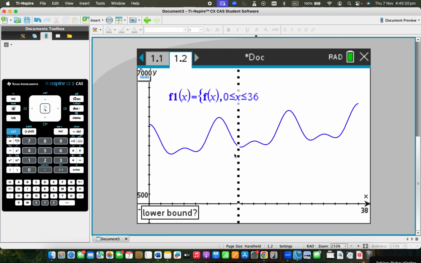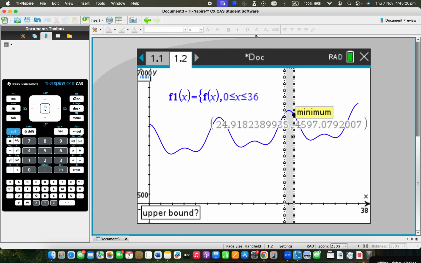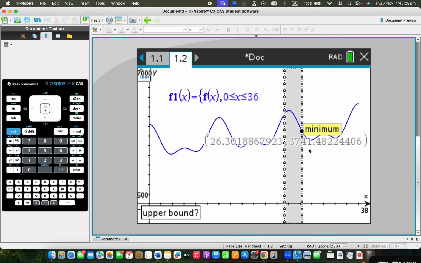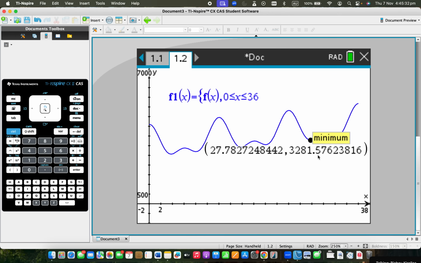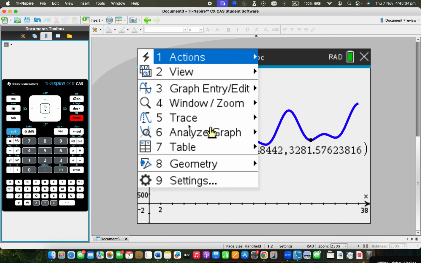So we've got up to basically around here. We'll just get that one. Oops. Oh, I'm doing a minimum. Whoops. Okay, the minimum is here. And then maximum.